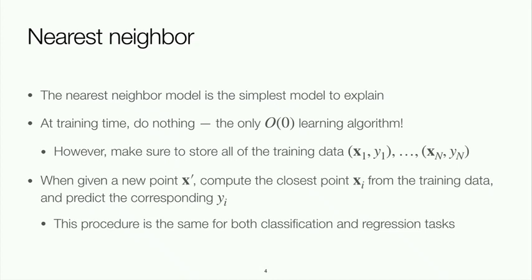Okay, yes? That's a great question. So is ridge regression, even kernelized, parametric? No, actually it's not.